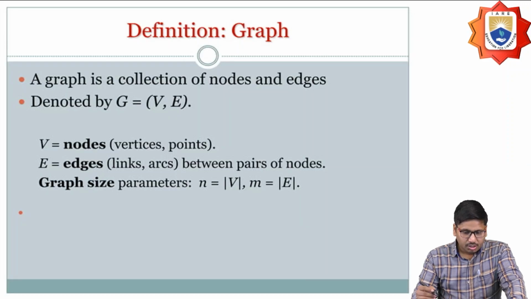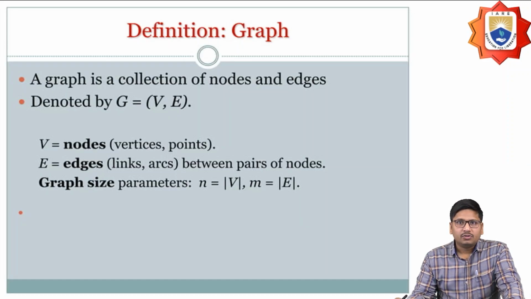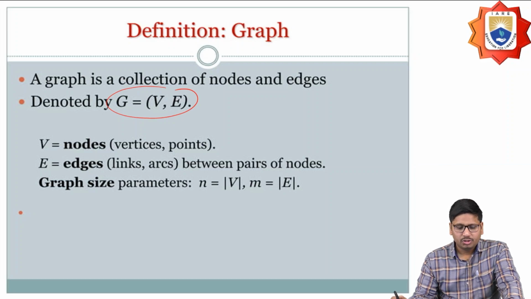The very first thing is that a graph is nothing but a collection of nodes and edges, denoted by G equal to (V, E), where V is the set of vertices, points or nodes, as we call them, and E is the set of edges, links and arcs between the pairs of nodes.